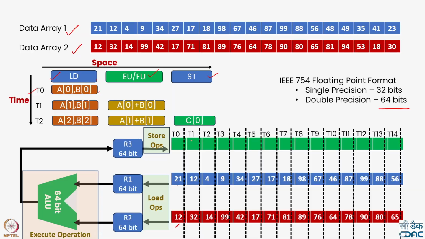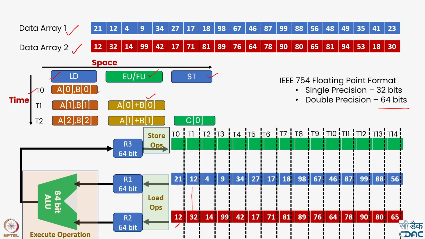In the next clock cycle, I am considering these two elements, 12 and 32, go to the load unit, because the load unit is free at that particular time, and the previously loaded data 21 and 12 has gone to the execution unit.